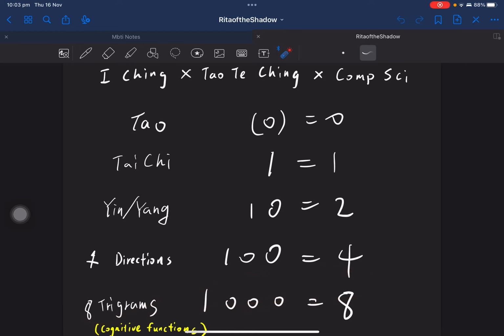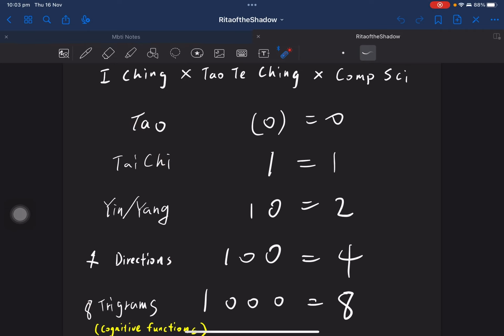So what does this mean? These are the numbers that we know, and these are the numbers in binary systems, and this is kind of I Ching kind of thing.